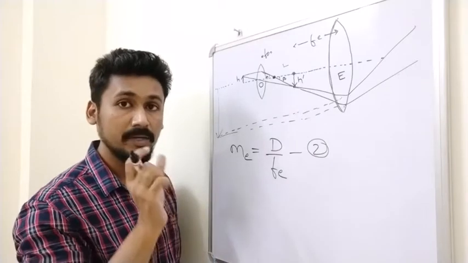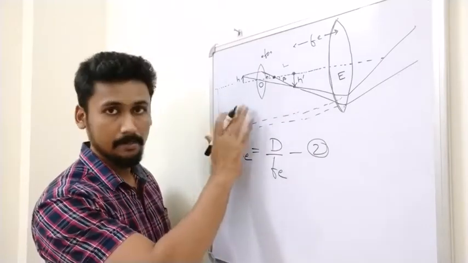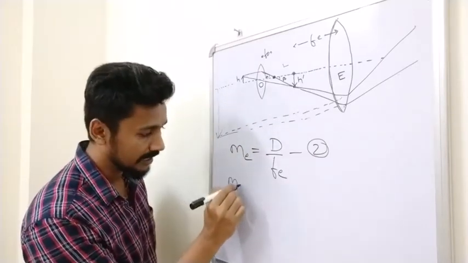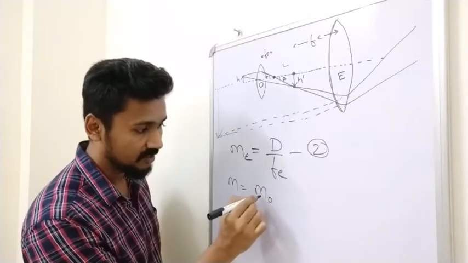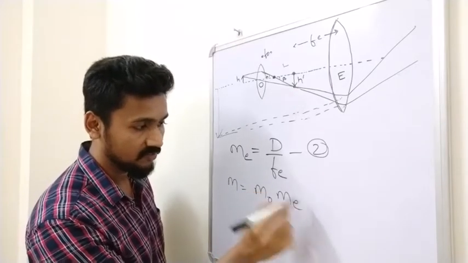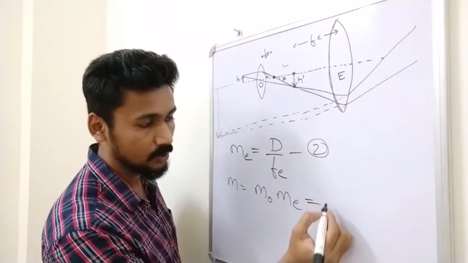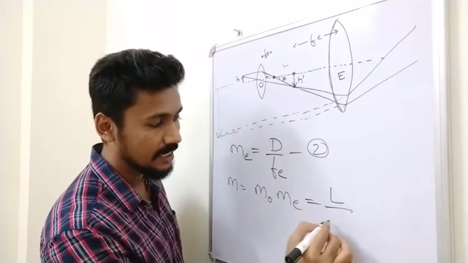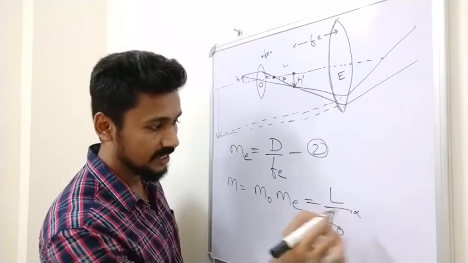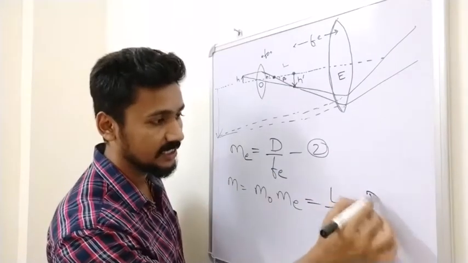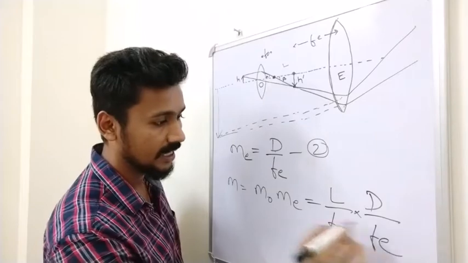So what will be total magnification by our compound microscope? Total magnification will be magnification by objective into magnification by eyepiece, which is equal to, by objective we found out it was equal to L upon FO multiplied by the eyepiece, which is equal to D upon FE.